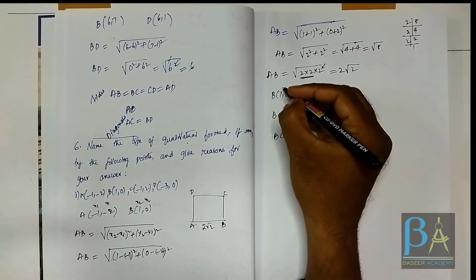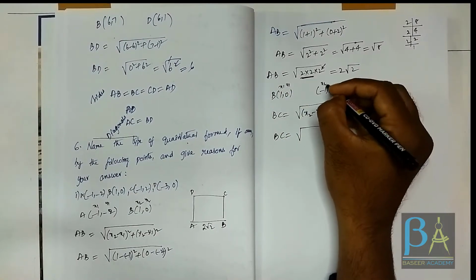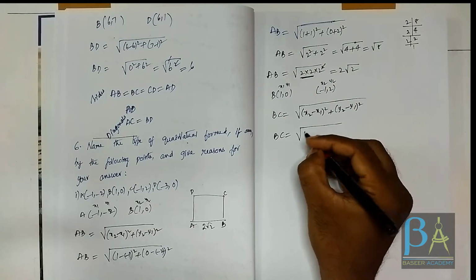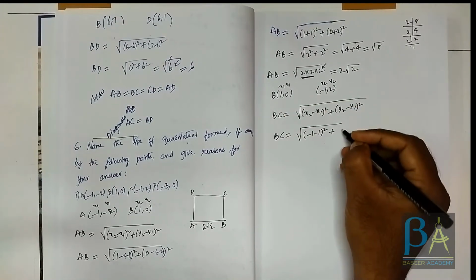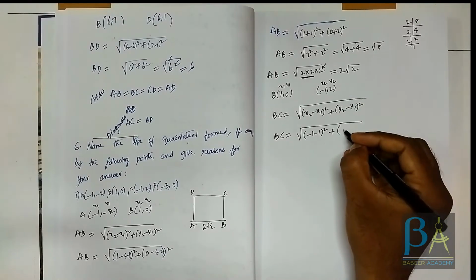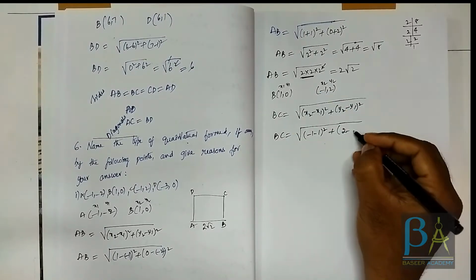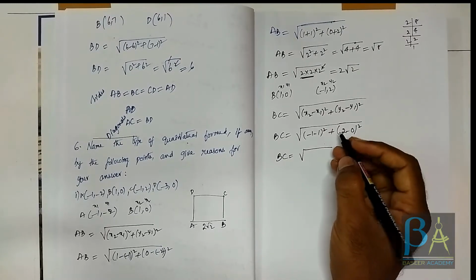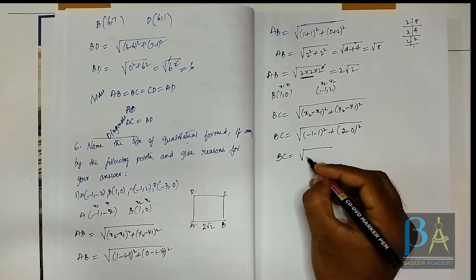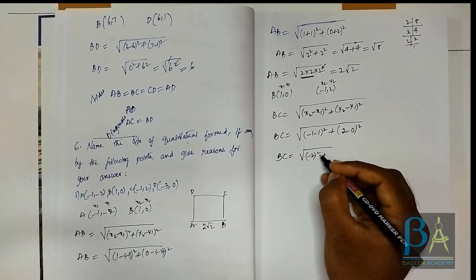This is x1 y1 and this is x2 y2. In place of x2 let me write minus 1, in place of x1 let me write 1, in place of y2 let me write 2, in place of y1 let me write 0. Now what happens? BC is going to be square root of minus 1 minus 1 is minus 2 square as it is.